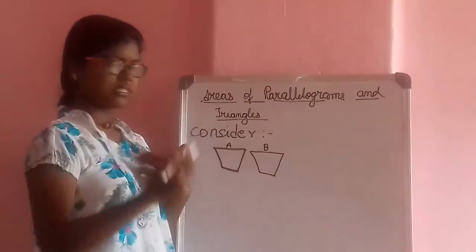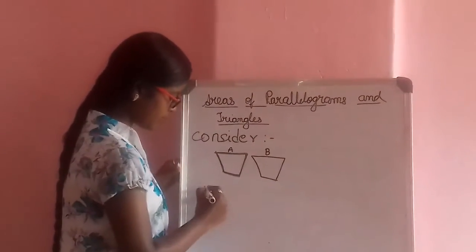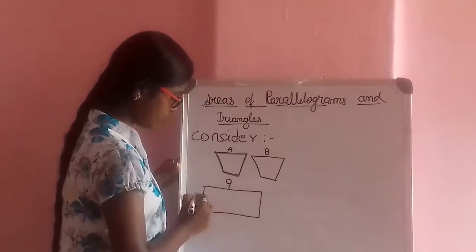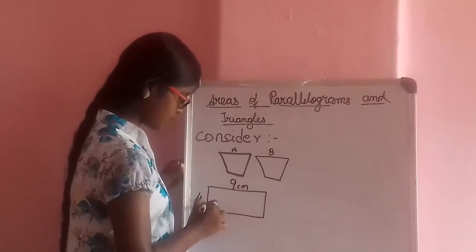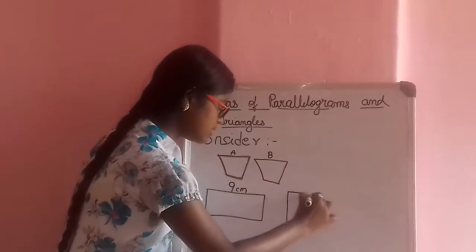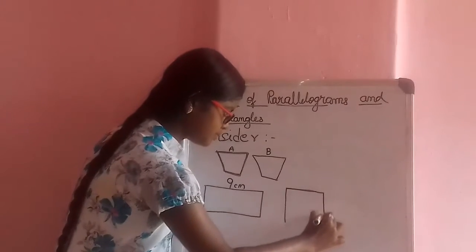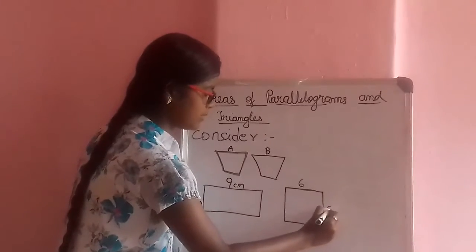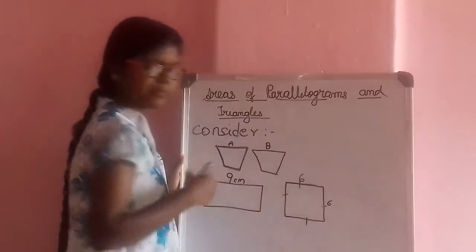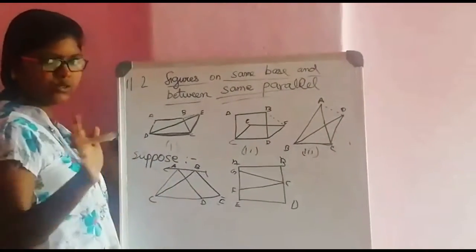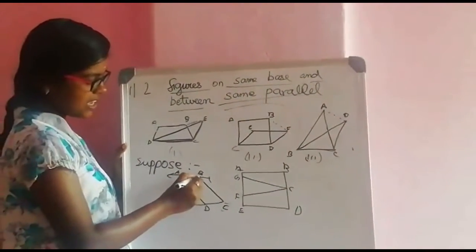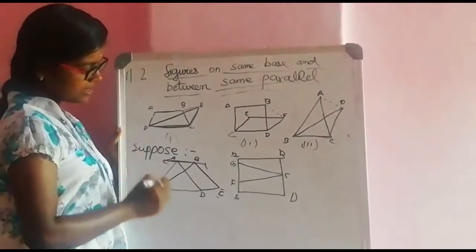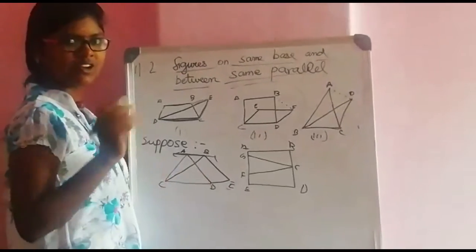Now let's think conversely. I'll give you one example. This is a rectangle of 9 and 4 centimeters, and this is a square of 6 centimeter side. Suppose I am considering two figures where the vertices are lying on the same line, but the common side is not there.